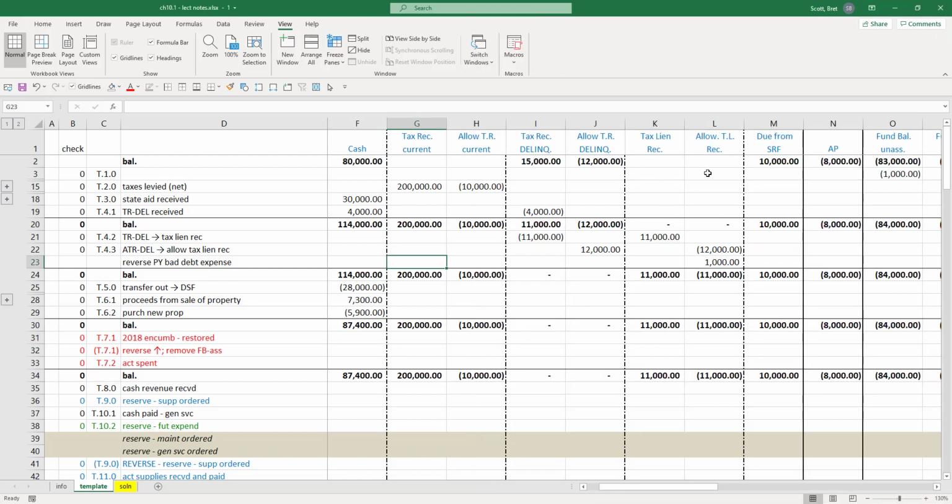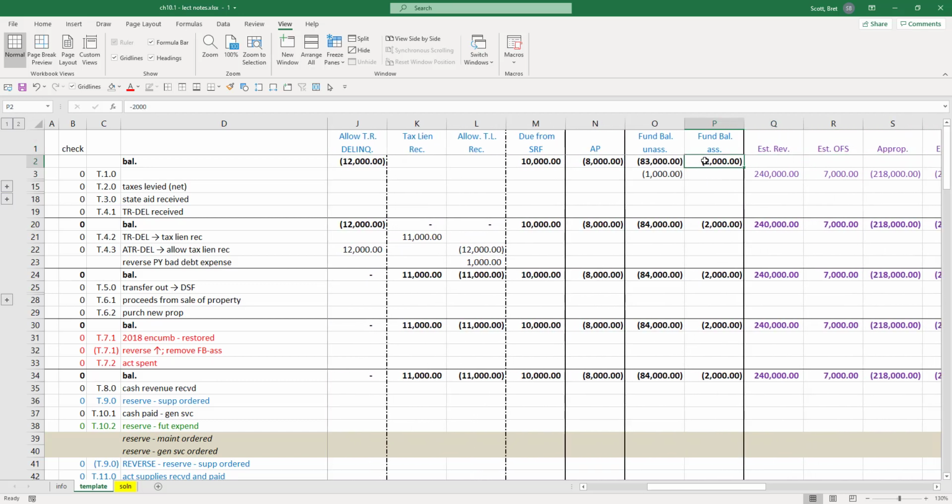So that's what we see up at the very top when we look at the balances over in our quote-unquote equity accounts, our fund balances. That $2 million is essentially what we had reserved, set aside in terms of resources to pay for something. Now that payment never actually happened in 2018. So we carry that encumbrance over because we eventually will pay for it if we've ordered it.